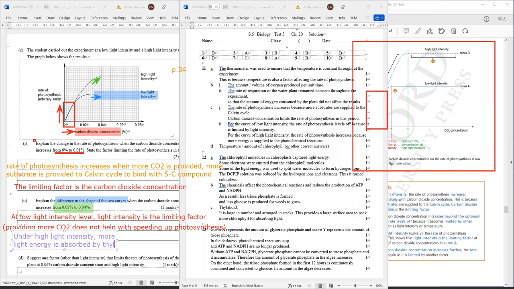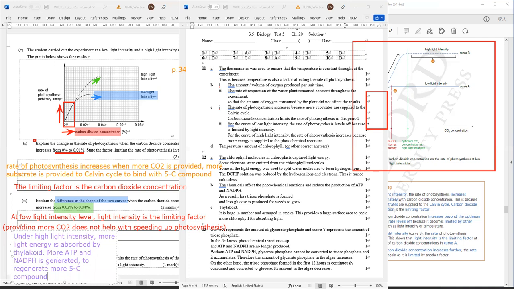chlorophyll. As a result, more ATP and NADPH is generated to regenerate more 5 carbon compound.